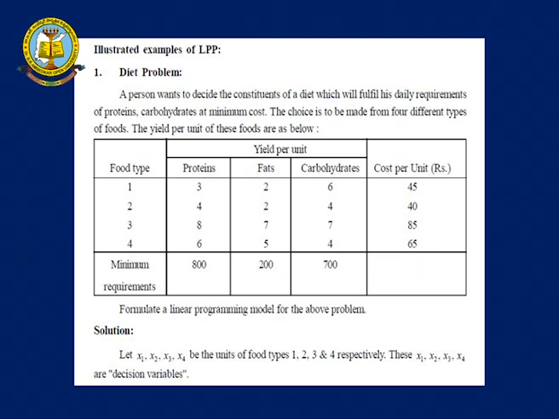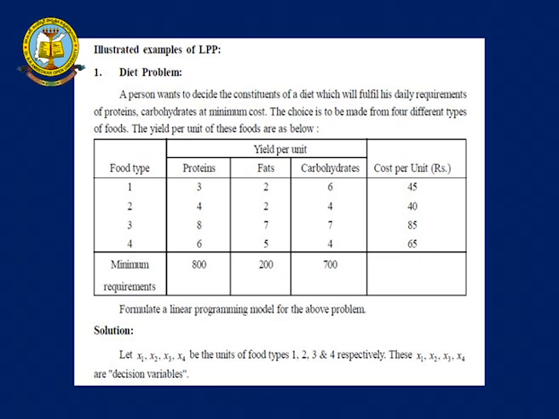In the question itself he gives the minimum cost, and with the help of this we have to prepare the objective function. Let me read the entire problem first. At a minimum cost, the choices are to be made from different types of foods. Again, he is giving different kinds of foods. The yield per unit of these foods is given in the following table.